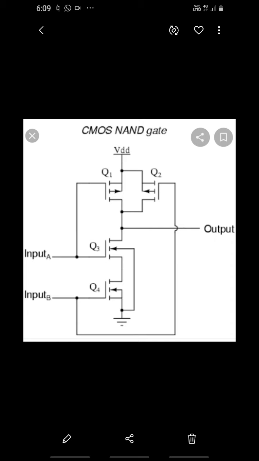Since A is low, Q1 remains closed and hence the output Y stays in the high state.